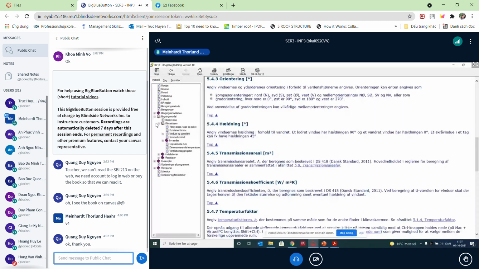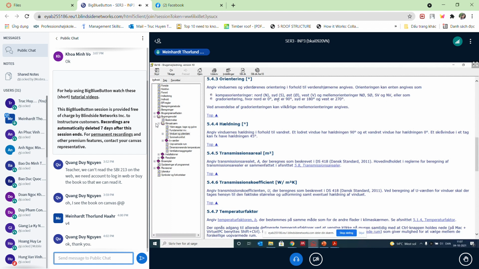It can be from the compass: north, south, east, west, or somewhere in between, northeast, etc. But you can also use degrees, from 0 to 360, which is the whole circle. So 0 degrees is north, 90 degrees is east.